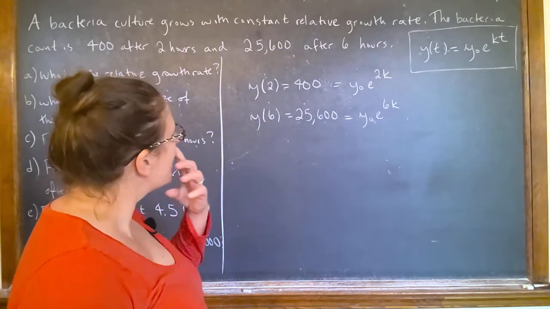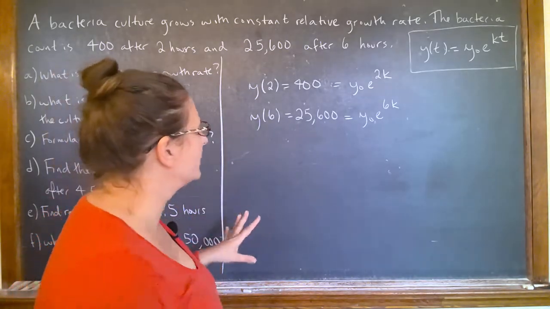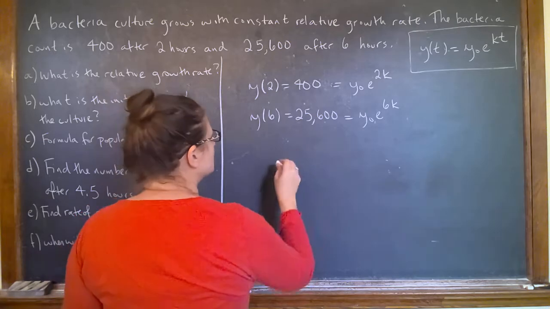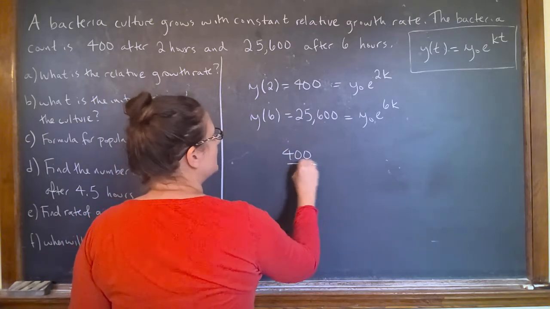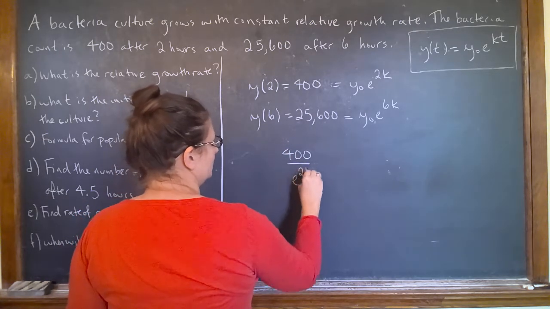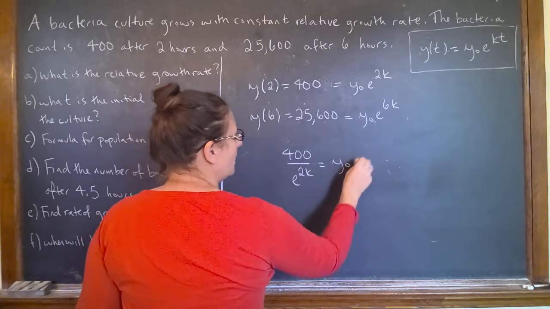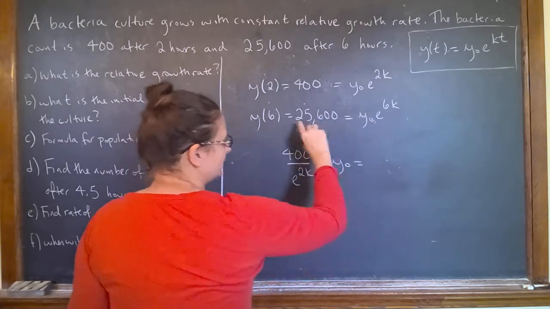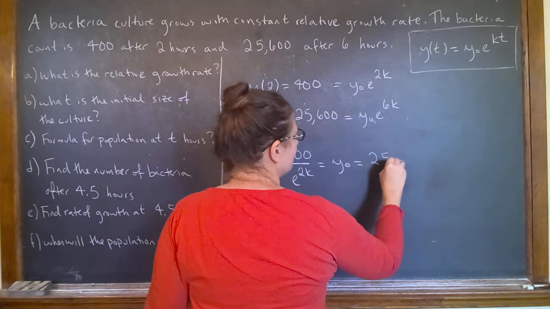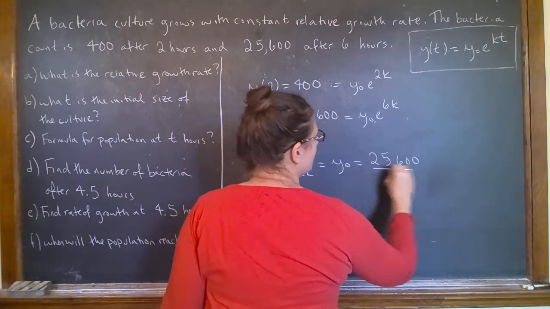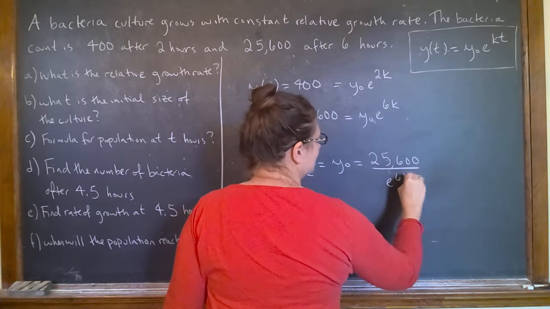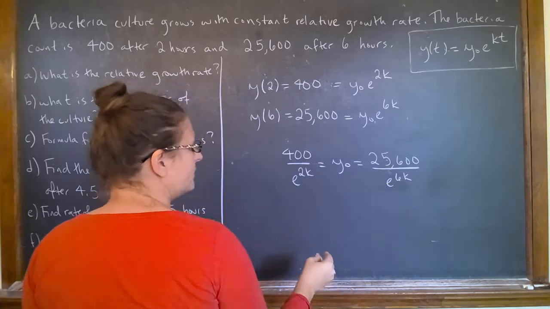Notice I can eliminate the Y naught by dividing. So I've got 400 over e to the 2K is Y naught, and on this second one, I'm going to have 25,600 over e to the 6K. Let me put this all together.